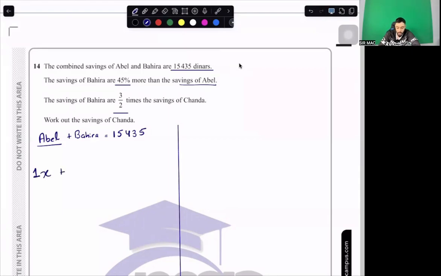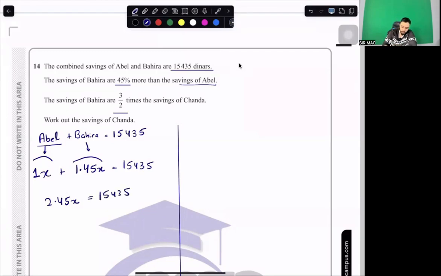So Bahira would have 1.45X. Makes sense? And that total would be equal to 15,435. So this is Bahira, this is Abel. So 2.45x total will be equal to 15,435.